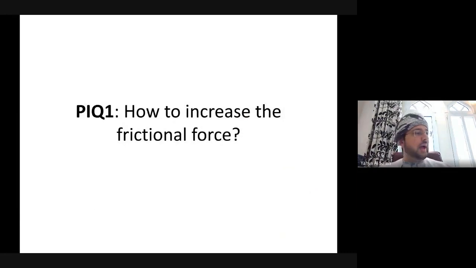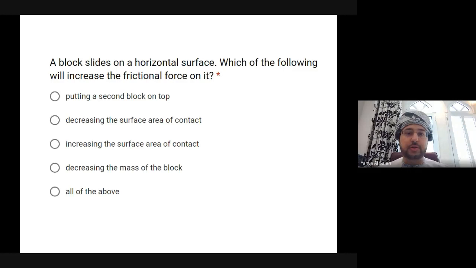Okay, so how do we increase the frictional force? Let's see if we have understood this. A block slides on a horizontal surface. Which of the following will increase the frictional force on it? Putting a second block on top, decreasing the surface area of contact, increasing the surface area of contact, decreasing the mass of the block, or all of the above?